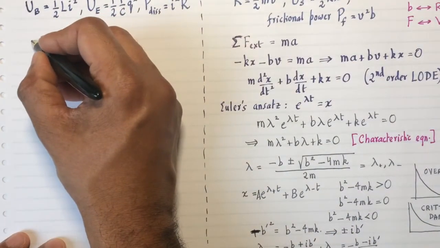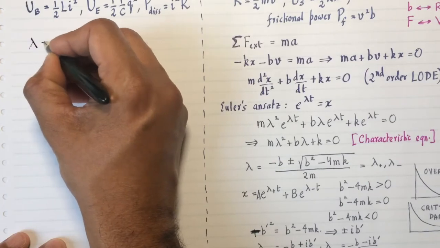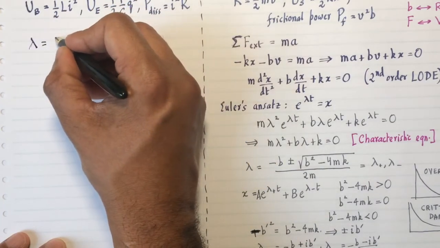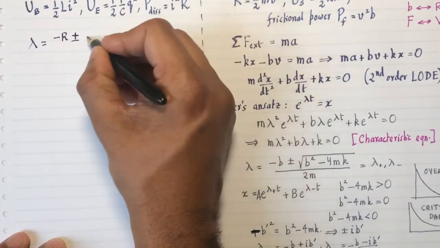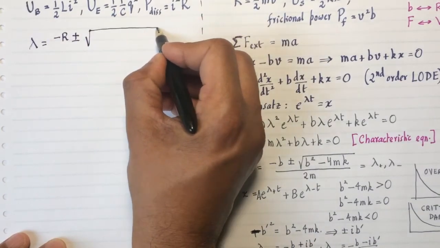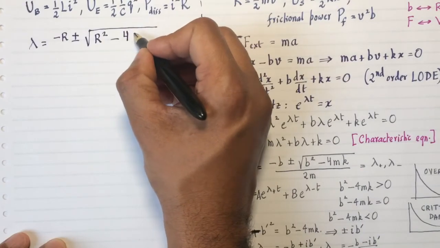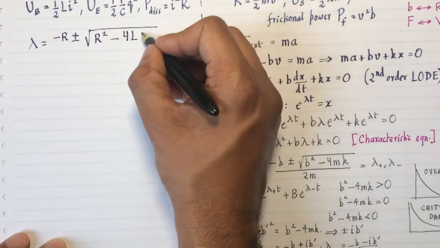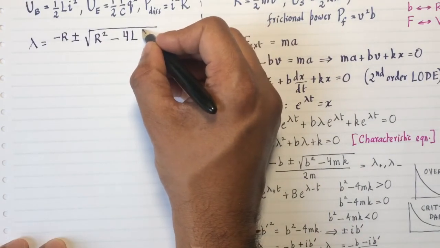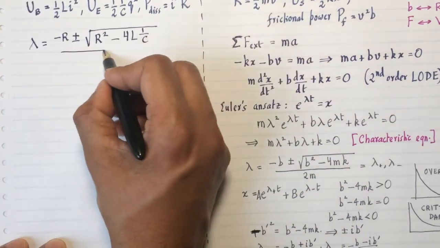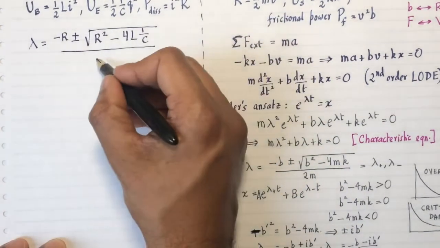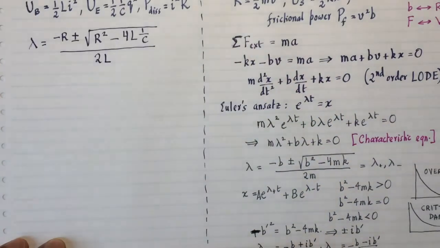So here the characteristic lambda is going to be negative b, which is negative r, plus or minus the square root of r squared minus 4 times mass, which is inductance, times k, which is 1 over c, divided by 2 times the inductance. Okay, that's your lambda.